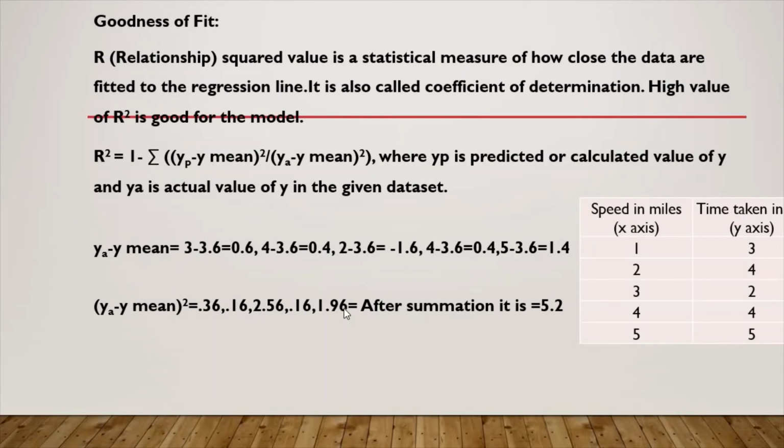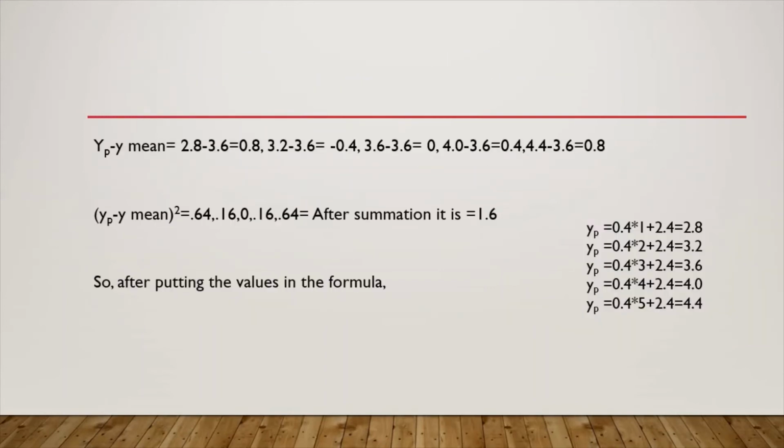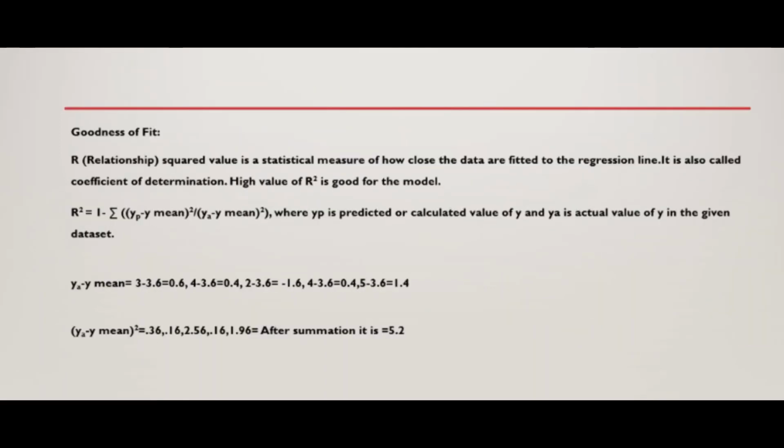That is 3, 4, 2, like this. So we will get the values of this term as 1.4, and to get r square, next we need to calculate y actual minus y mean. So this is calculated.